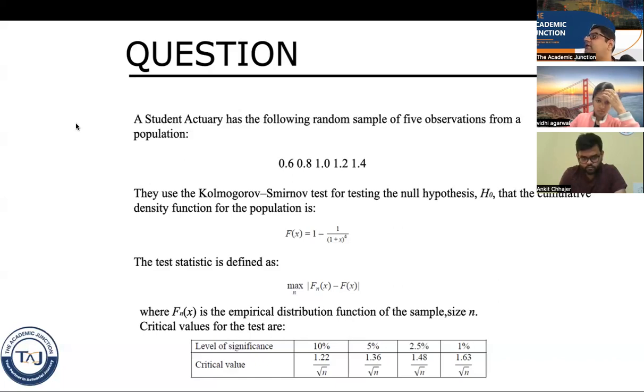And interestingly, do you know what the F(x) is? What distribution it is? What is 1 minus (1/(1+x))^4?